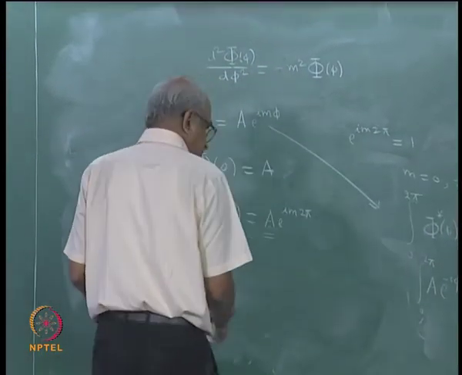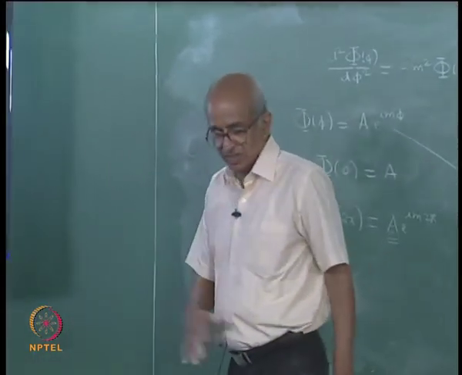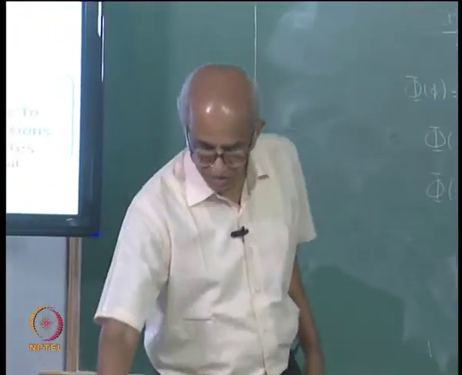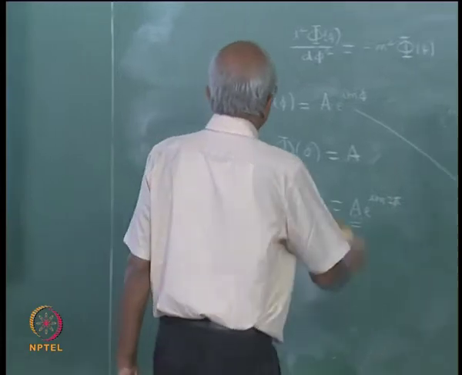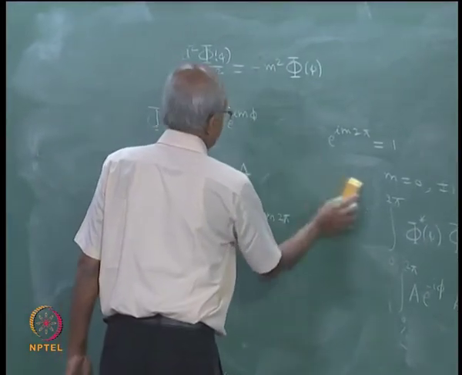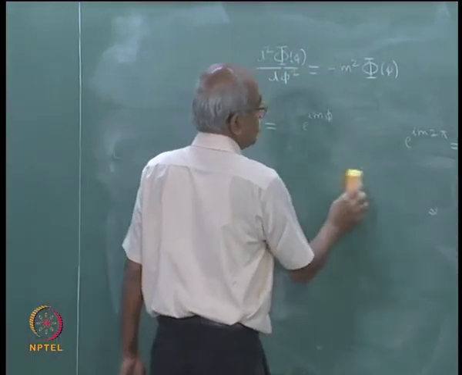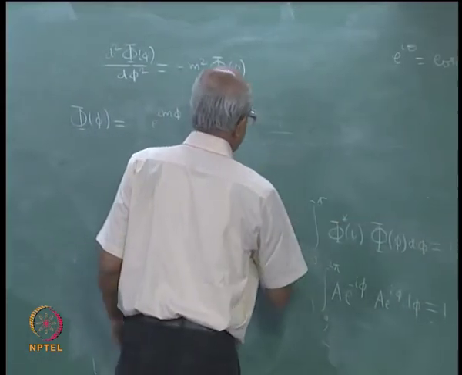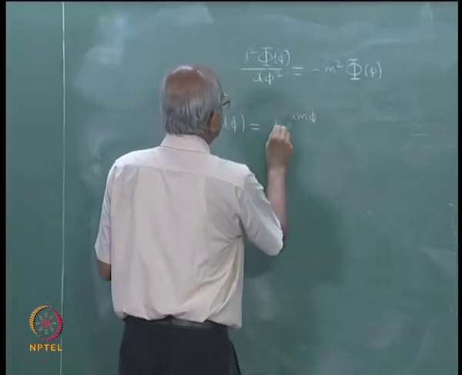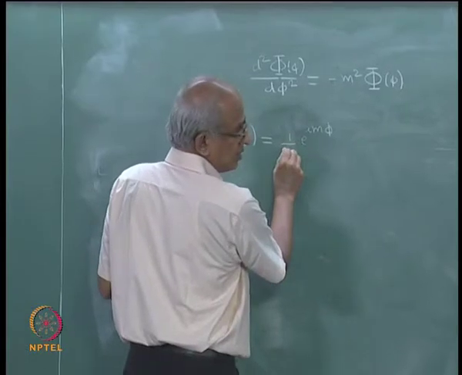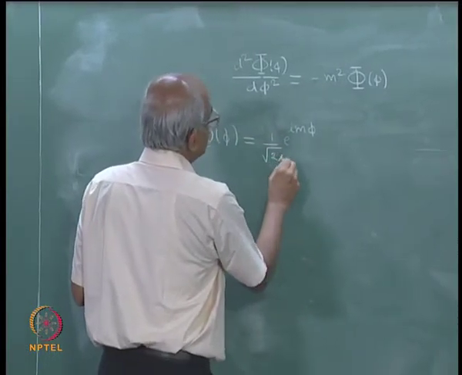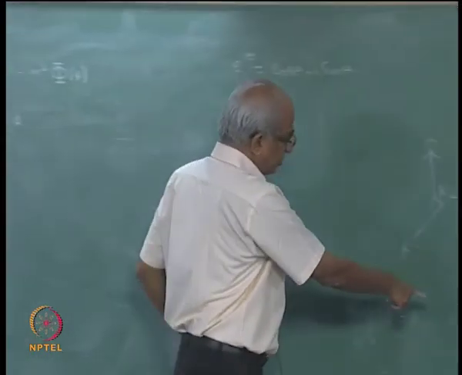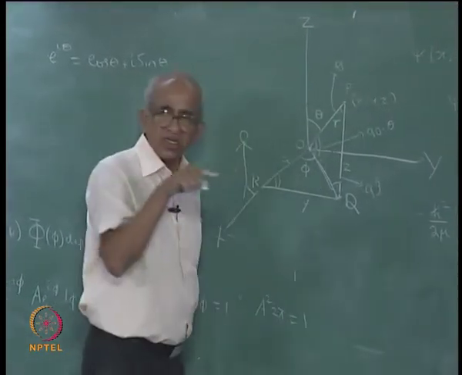So therefore, we have found all the possible solutions of this equation. The solutions are of the form phi is equal to 1 by square root of 2 pi, correct? Because I find that A square into 2 pi is equal to 1, that means A is equal to 1 by square root of 2 pi.